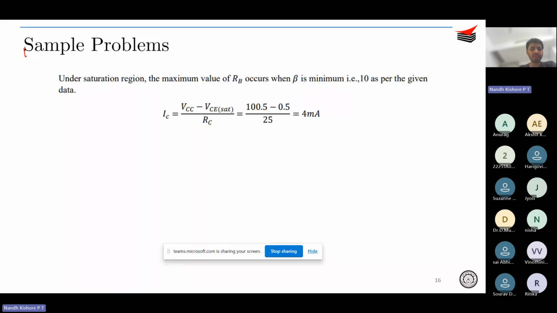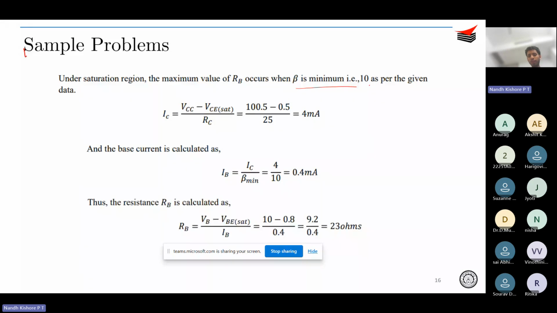Under saturation, the maximum value of RB occurs when beta is minimum. You compute IC, you compute IB, and from that you compute the resistance. So this is going to be 23K, not 23 ohm.